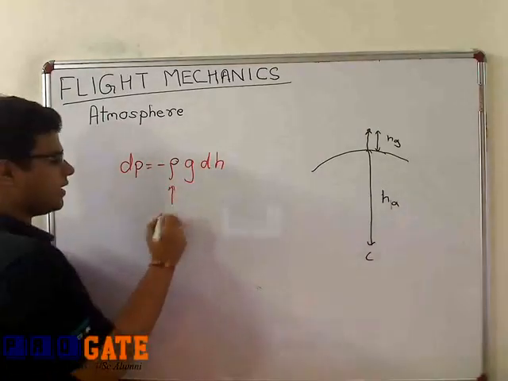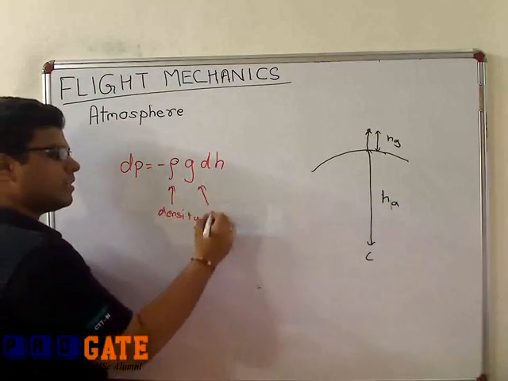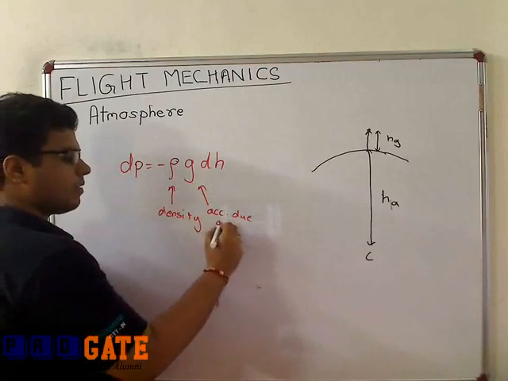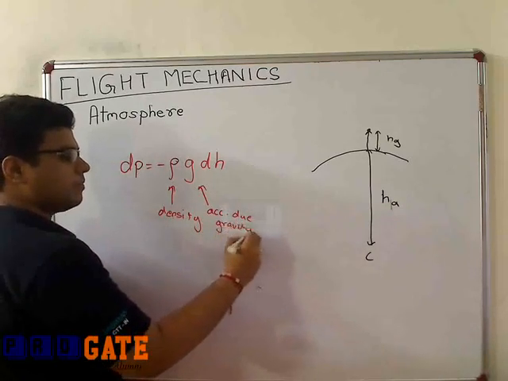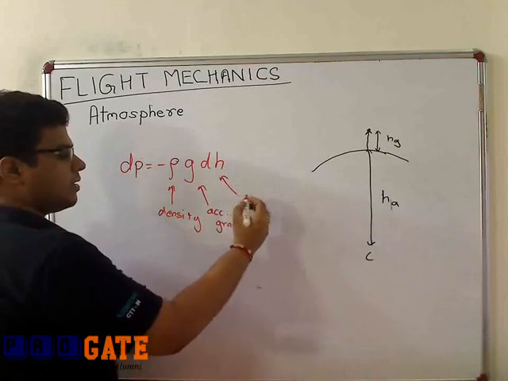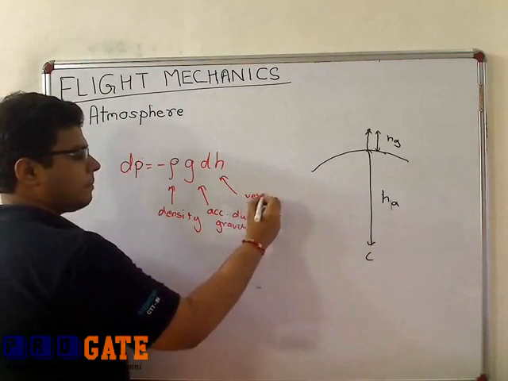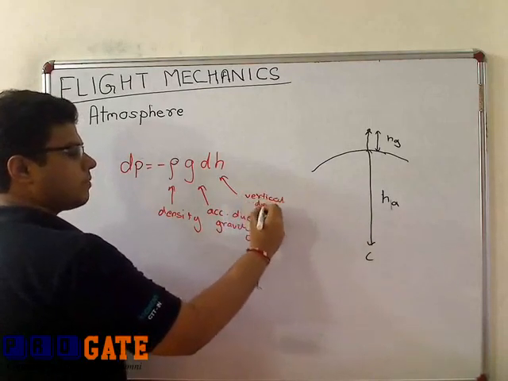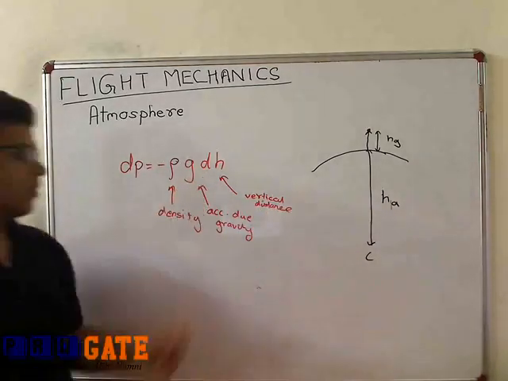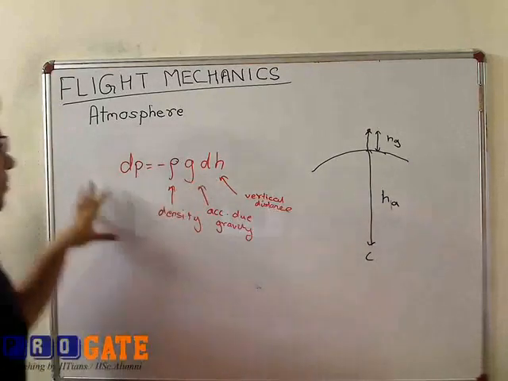Here, rho is the density of the point, g is the acceleration due to gravity, and dh is the vertical distance traveled. In many cases, you can call this the altitude of the point traveled.